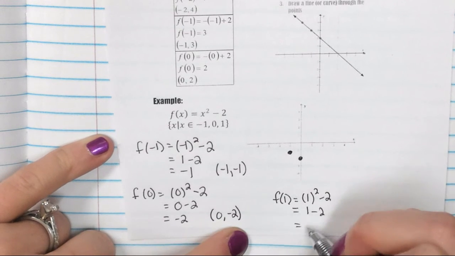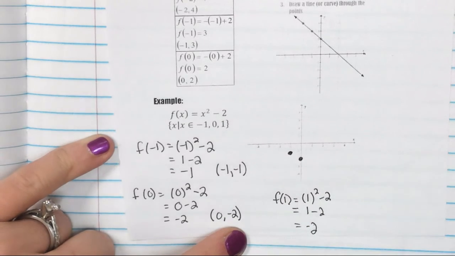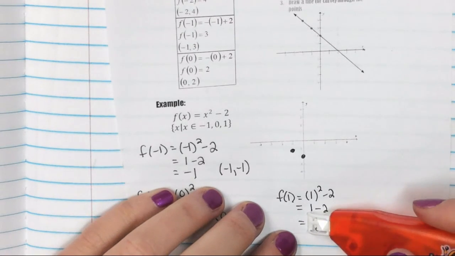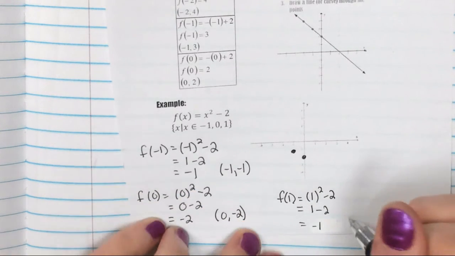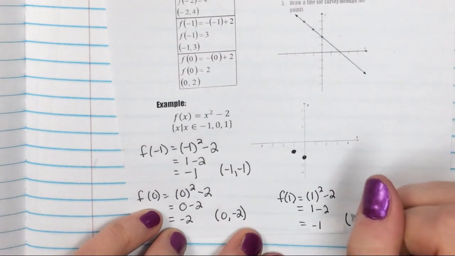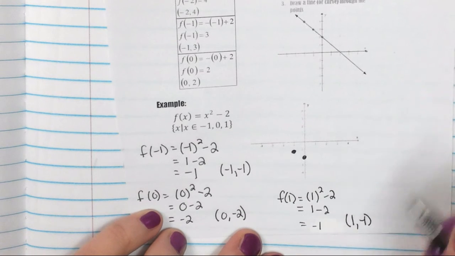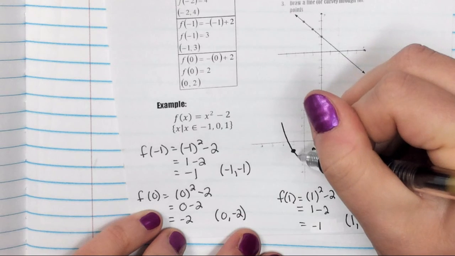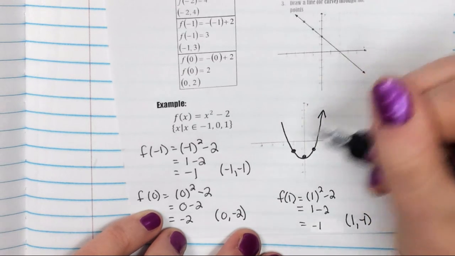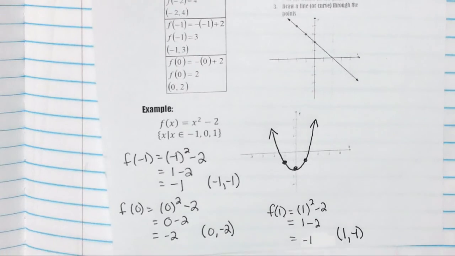And 1 minus 2 is not -2. It's -1. Right. So my ordered pair would be 1, -1. I'm going over to 1 and down to -1. And this is going to make a curve, like a U. It's actually called a parabola, and we'll learn more about that as the year goes on.